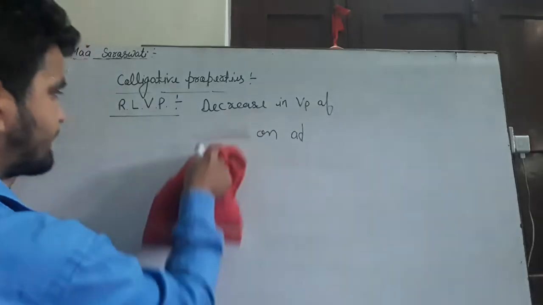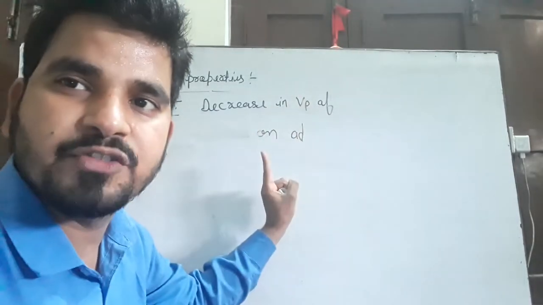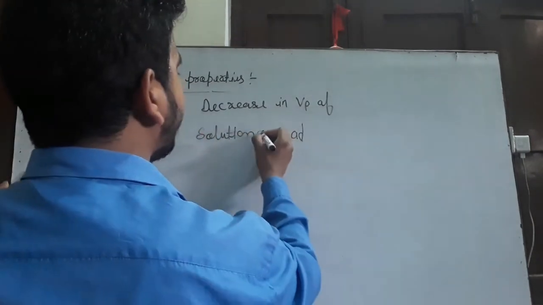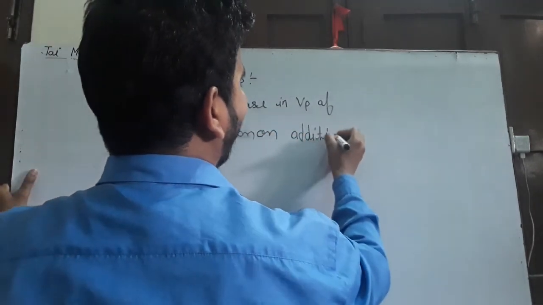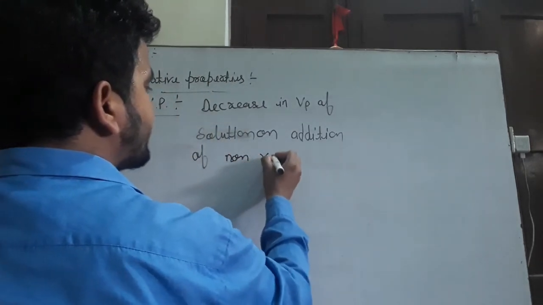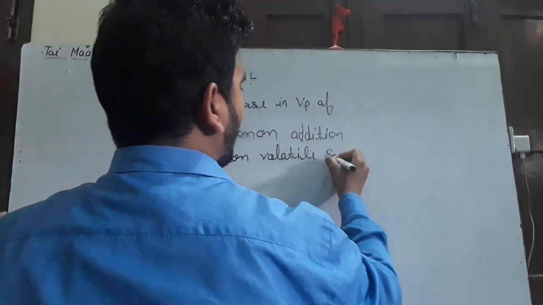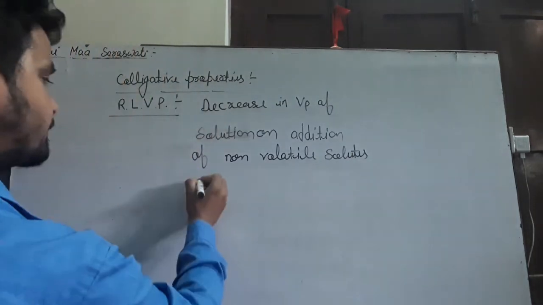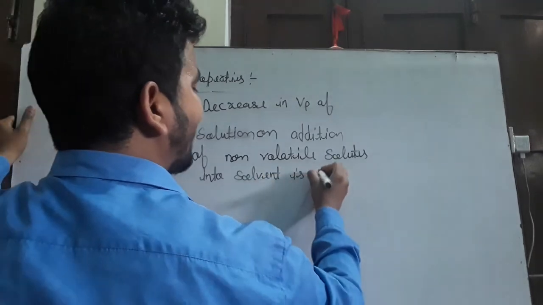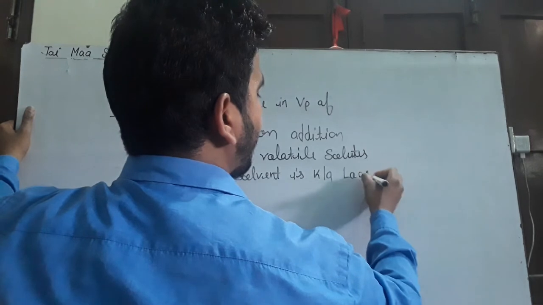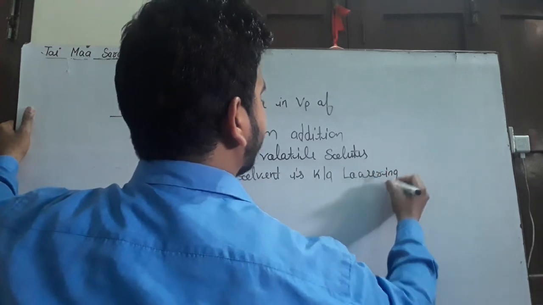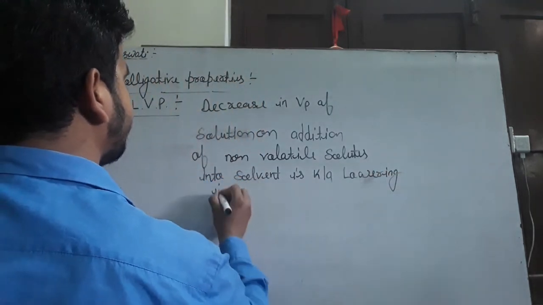Decrease in vapor pressure, beta, listen, because after addition of solute it becomes a solution. So the decrease in vapor pressure of a solution on addition of non-volatile solutes into a solvent is known as lowering in vapor pressure.